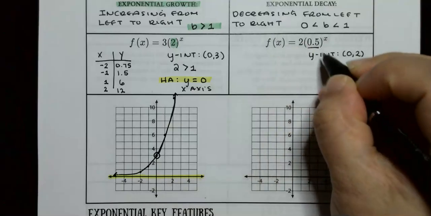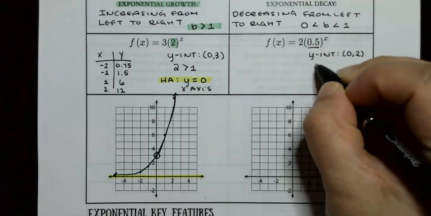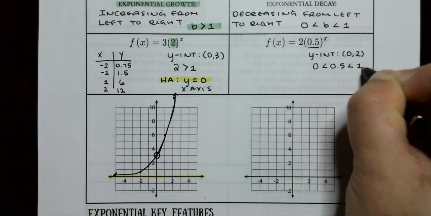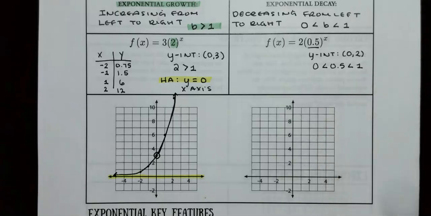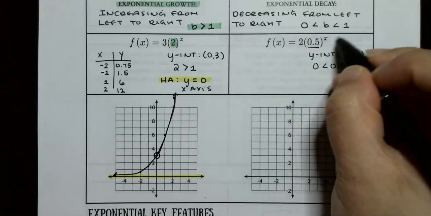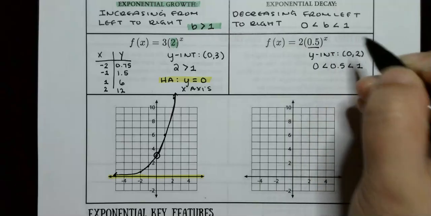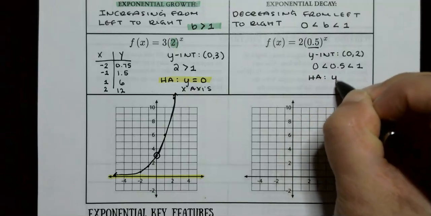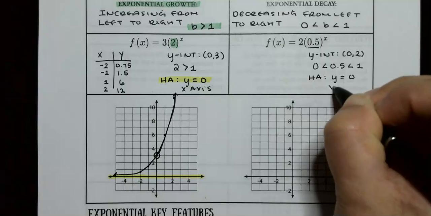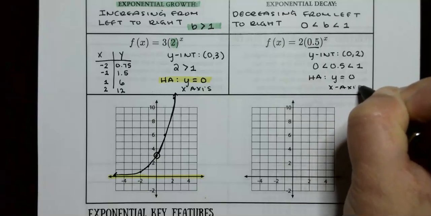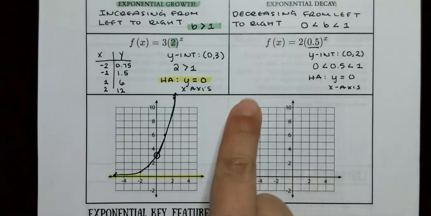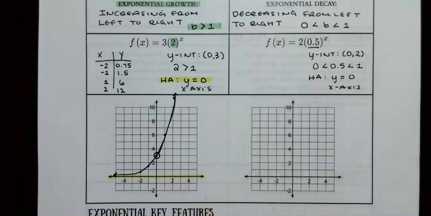Because 0.5 is between 0 and 1, that tells us that it is decaying and decreasing. Now, because this one also doesn't have a plus or minus at the end, we now know that our horizontal asymptote is also going to be y equals 0, which is the x-axis. So we will create another line right here that will allow us to guide our graph.